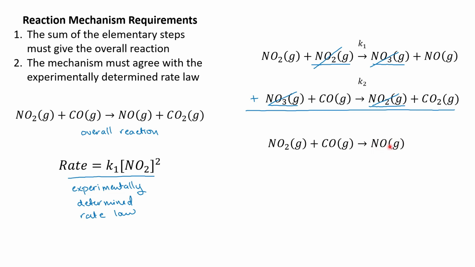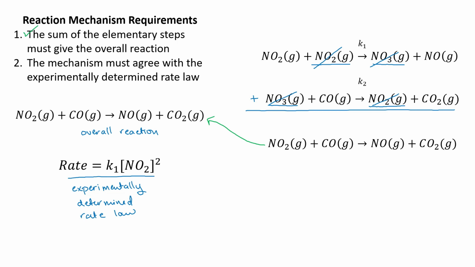I'm going to bring that down, and I have a carbon dioxide. I'm going to bring that down right here. So this is the reaction that I get when I add my two elementary steps. And it's pretty obvious that yes, it does match with my overall reaction. So the first requirement for my reaction mechanism has been met. Yes, the sum of the elementary steps gives the overall reaction.